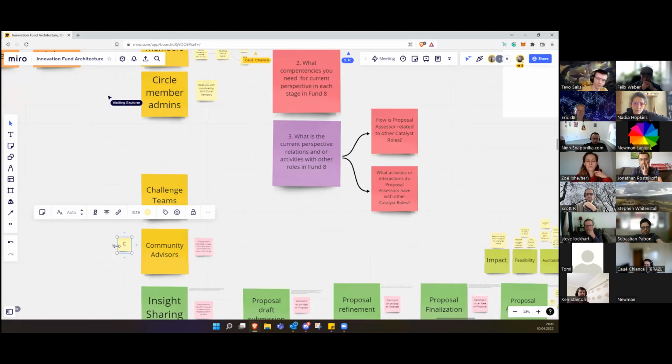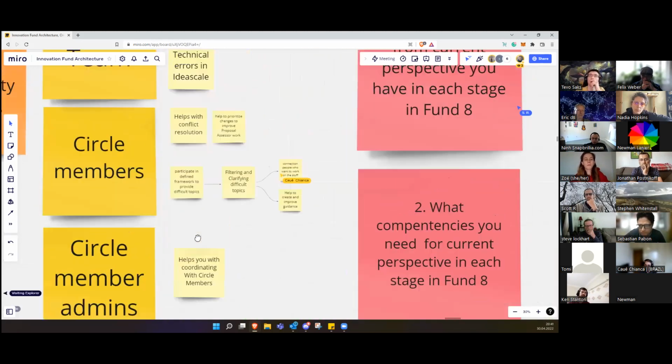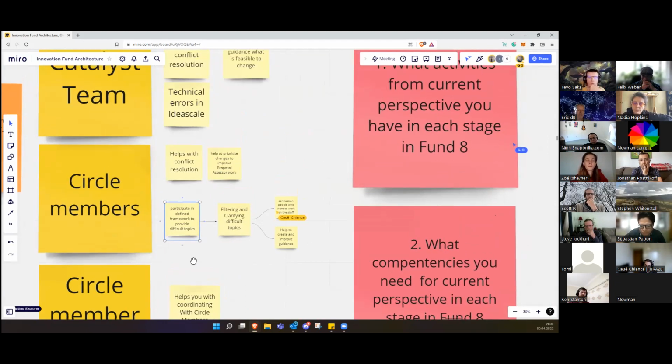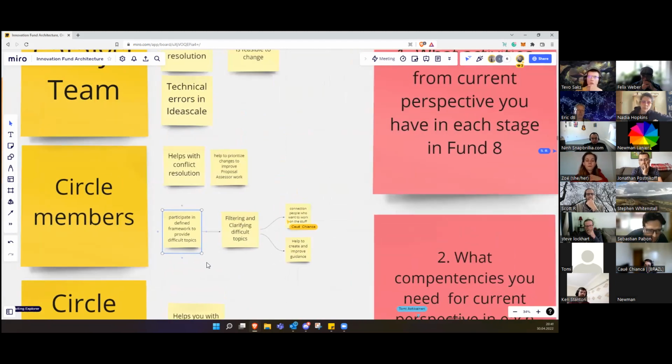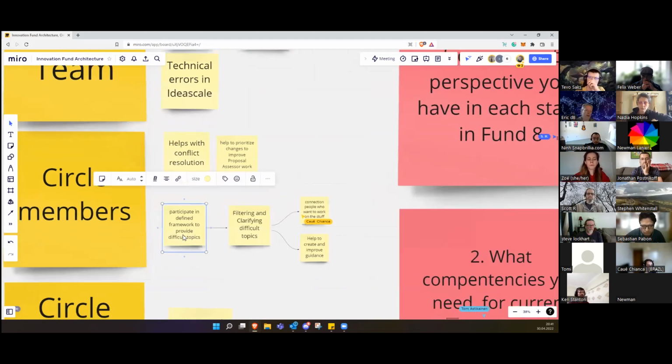Okay. But then when we go back to the circle members, to go with Stephen's flow, the first thing: participate in the defined work framework to provide difficult topics.